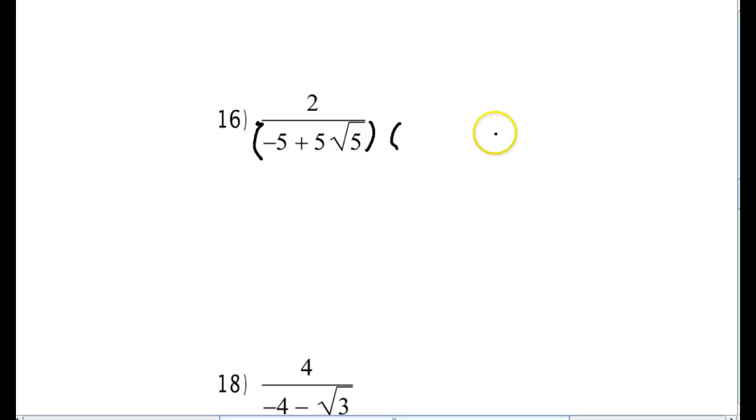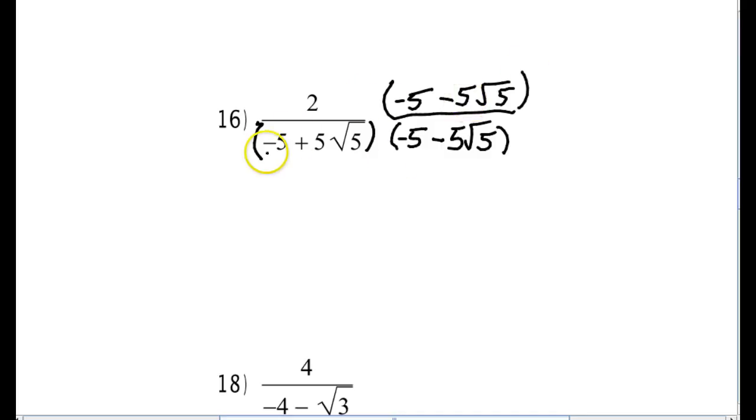You can. So we had to go through and multiply it by negative 5 minus 5 root 5. Same thing on top and bottom. Notice how just the sign between the numbers, the negative 5 and the front is still exactly the same. I'm changing just that.